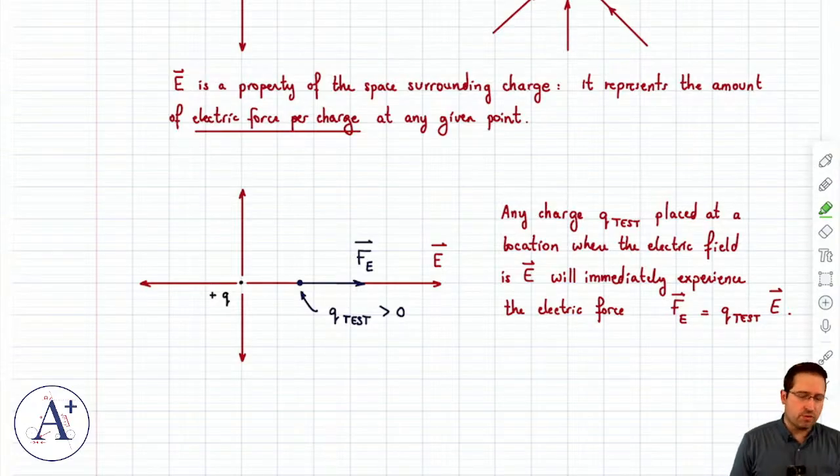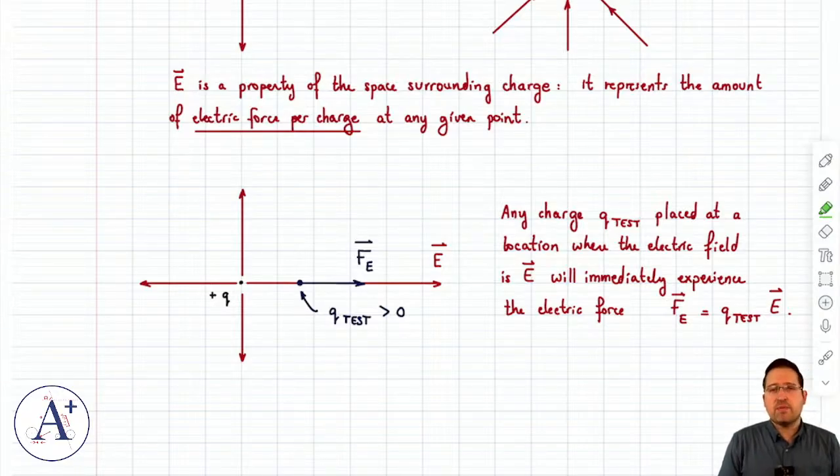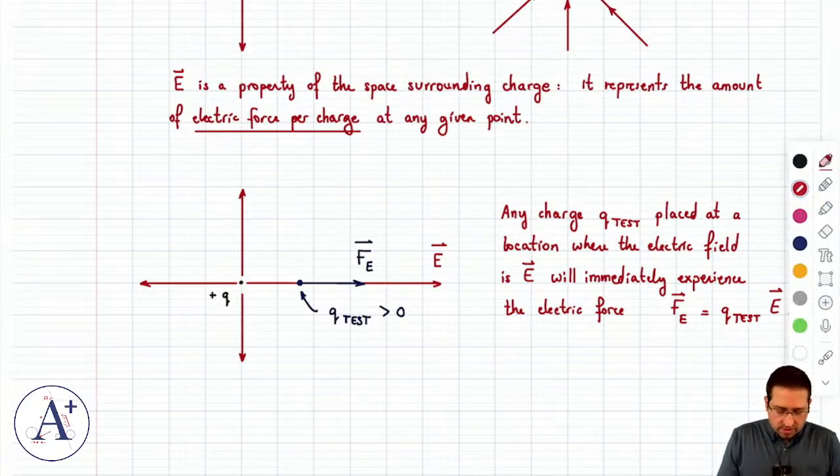So we need to be able, of course, to quantify the electric field at a given point, and we're going to get to that. But it might be easier to think of it that way. I don't know. Okay? But that is what the electric field is meant to represent.